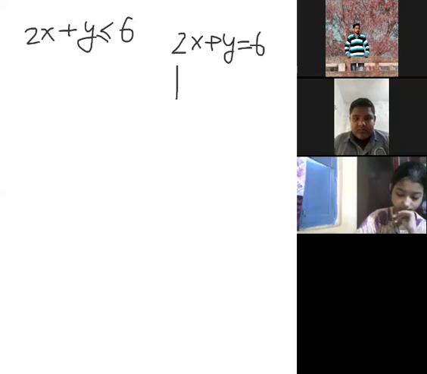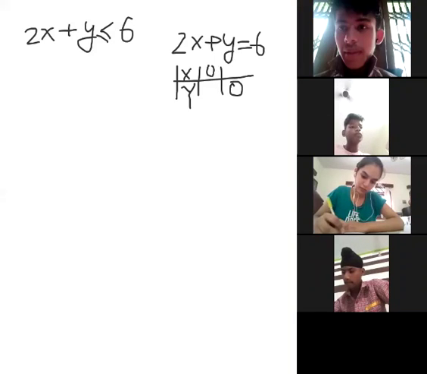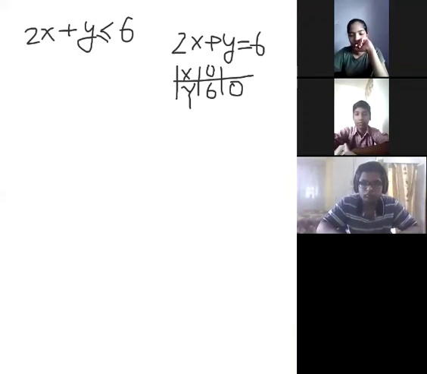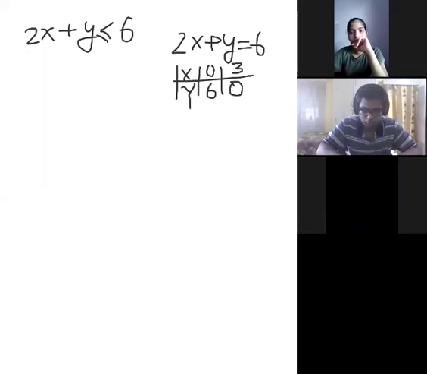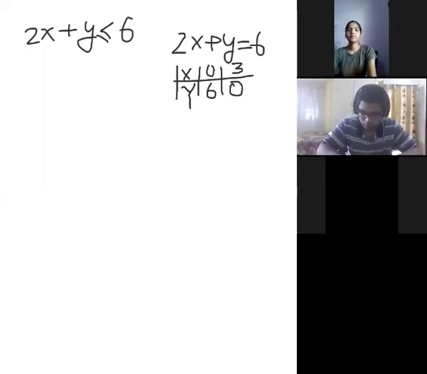Table formation: x, y. Once we put x as 0, once we put y as 0. When I put x as 0, y will be 6. When I put y as 0, x will be 3. Now I am going to make its graph.